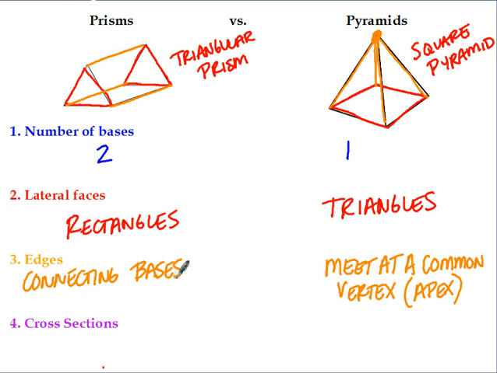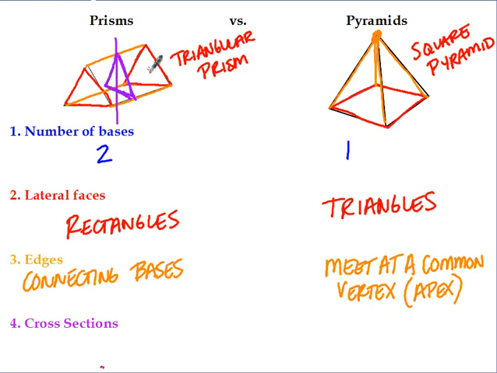And finally, cross sections. What that means is if I were to cut this in half, right there, if I was going to cut it in half and look and see what's happening there, this cut would be another triangle. It would look exactly the same as my other two bases.